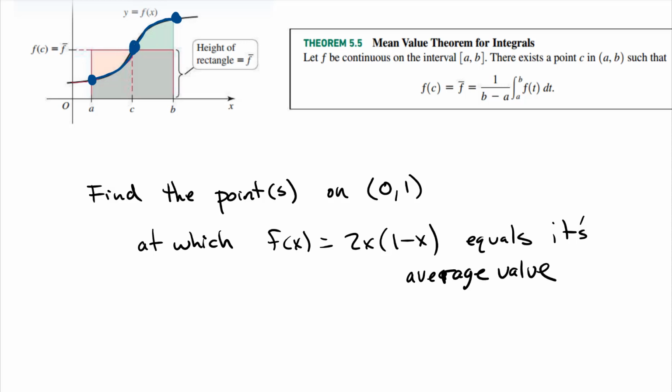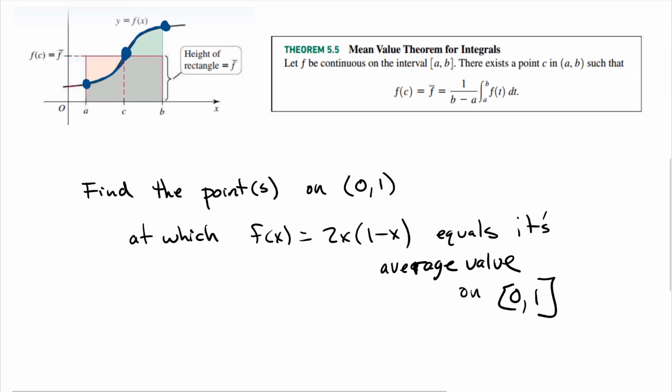On the closed interval. So a lot of writing. Could have had that already prepped and ready to go, but that's not how I do things. All right, so we want to find the points on that open interval, from 0 to 1, at which f of x is equal to 2x times 1 minus x, is equal to its average value on 0, 1.